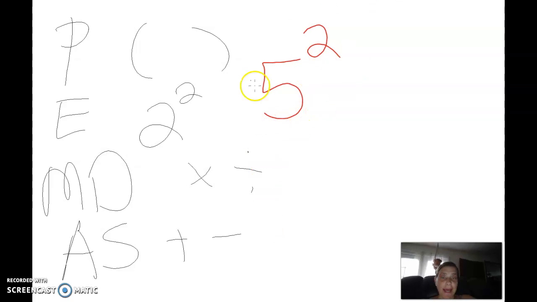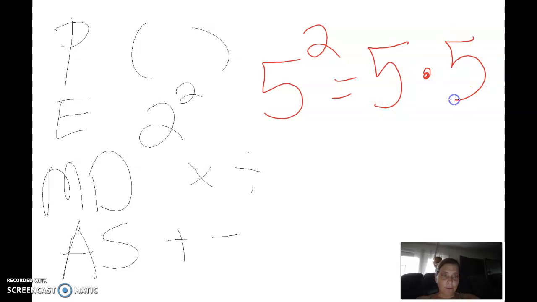If we have the 5, which is the base number, and the 2, which is the little exponent up top, that little 2 up top means repeated multiplication 2 times. So what that means is we're going to take the 5 and multiply it by itself so that we have 2 of the 5s. This 5, the base, is the number we're multiplying. That little 2 up top, that's how many times we're going to multiply it.